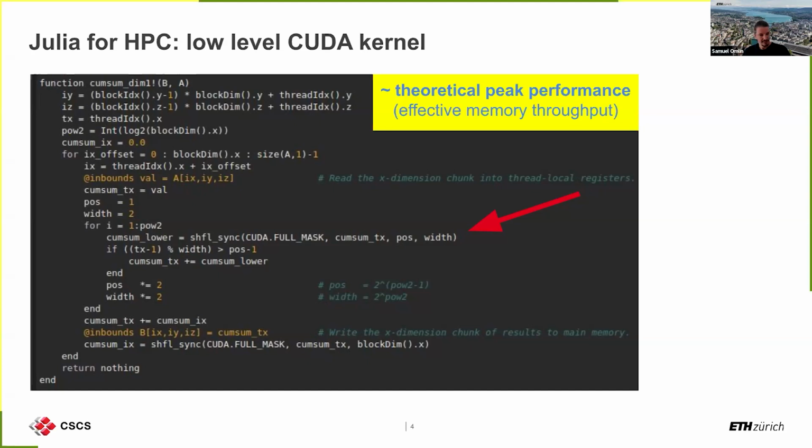And so here you see a Julia function, and this happens to be a CUDA kernel. And so here you can see another thing that is very particular in Julia. You can write natively CUDA code. And so this function here is a CumSum function to sum up.